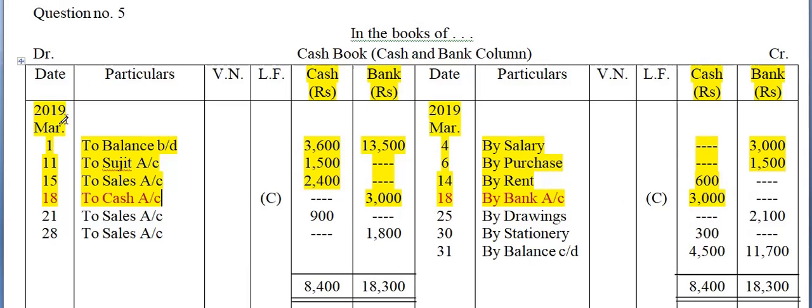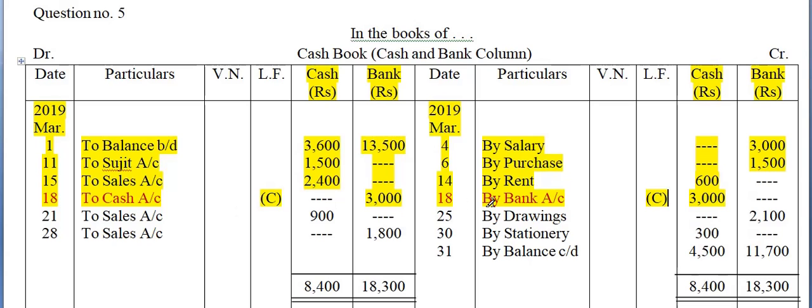And in the debit side we write as to cash account, and the amount will be recorded towards the bank column. And such type of entry is known as the contra entry. And here in the LF column we'll write C, capital C. Why? Because this is your contra entry.